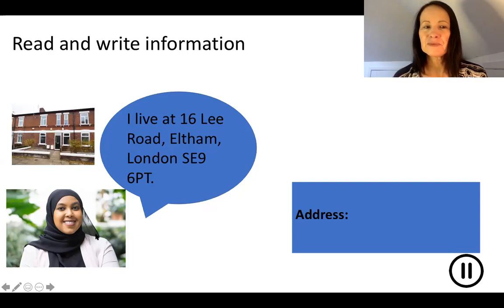Okay, so the next information, if you look at the picture, you can see a picture of a house. And so I think we can guess what she's going to talk about. She says, I live at 16 Lee Road, Eltham, London, SE9 6PT.